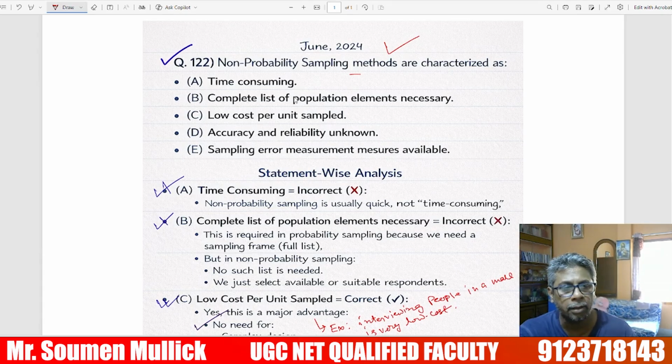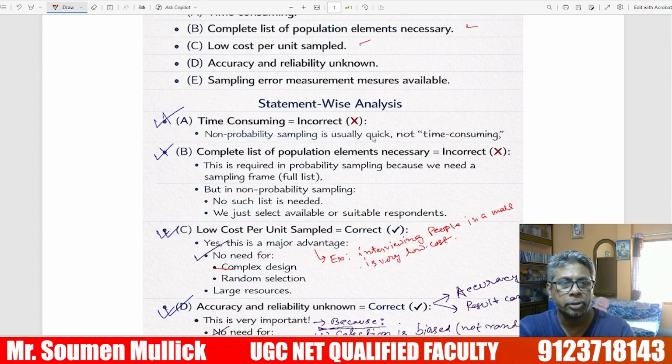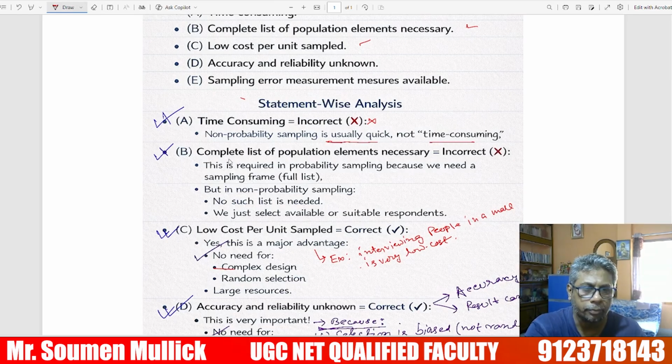They have given 5 statements: A, time-consuming; B, complete list of population elements necessary; C, low cost per unit sample; D, accuracy and reliability unknown; and E, sampling error measurement available. So, statement-wise analysis: time consuming is incorrect. Why? Non-probability sampling is usually done quickly, not time consuming.